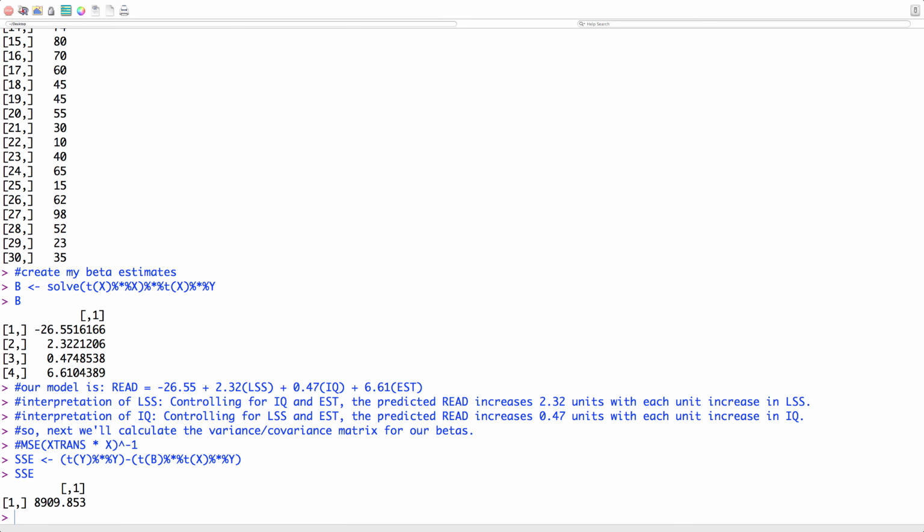So our sum of squares error is going to be 8909.853.